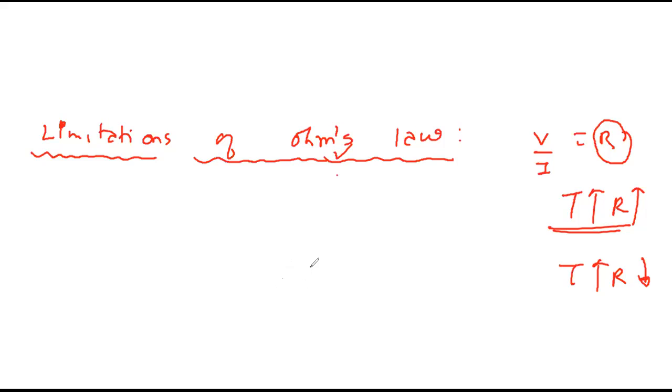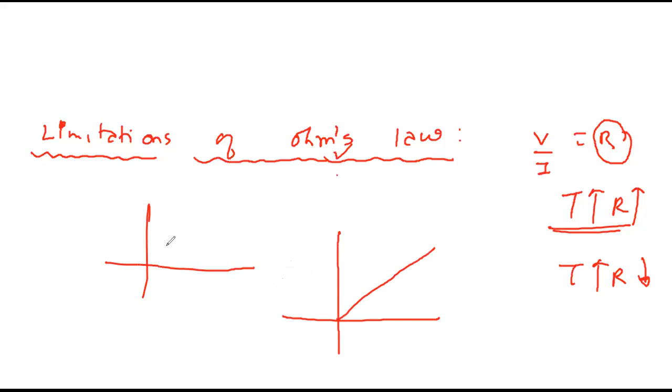If the graph becomes curved, if it is not a straight line, then this is called ohmic and this is called non-ohmic. Non-ohmic means resistance is not constant everywhere; it is changing, variable.